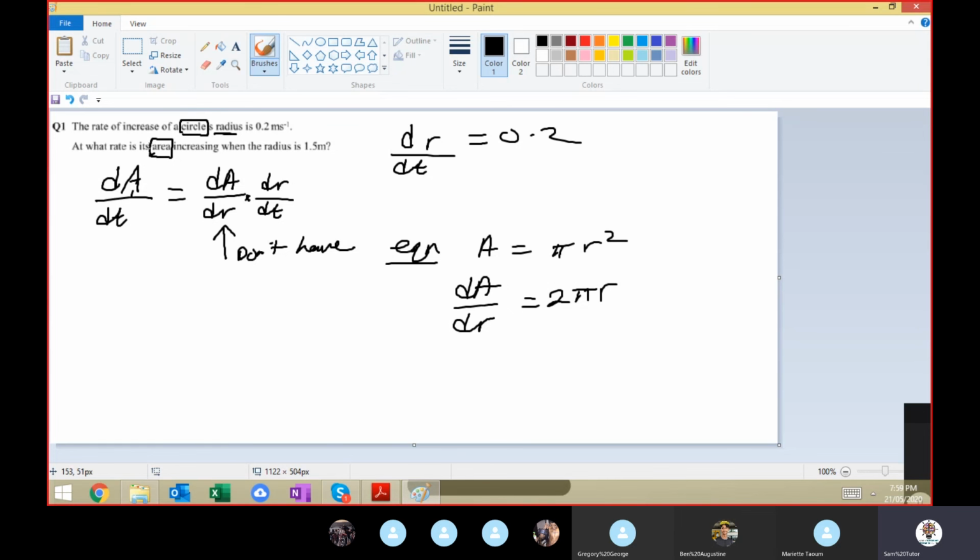And you know that the radius is 1.5. So what's that? 3 pi. So therefore, dA on dt, the area is increasing at a rate of 3 pi times 0.2. And that's it.